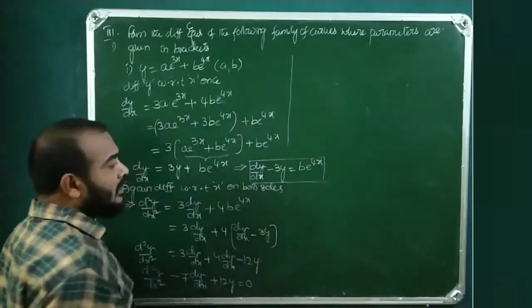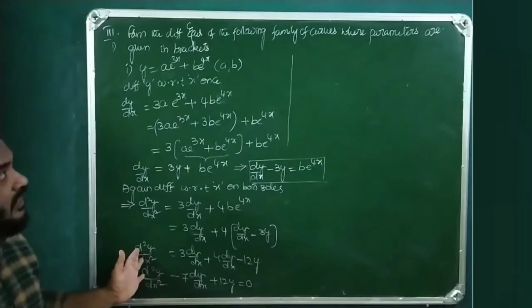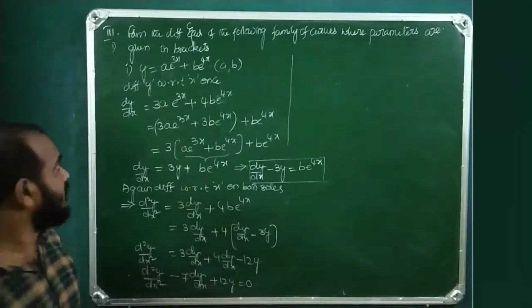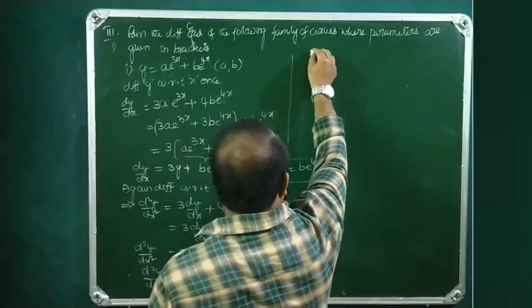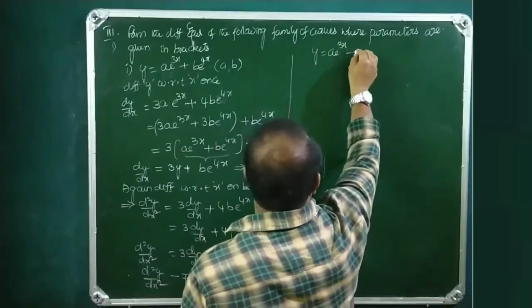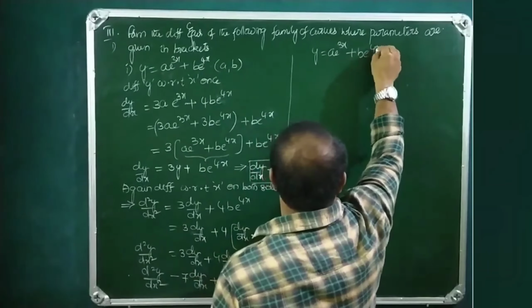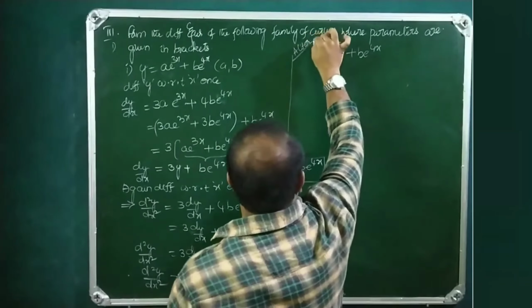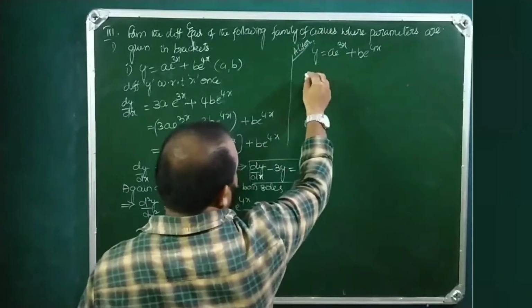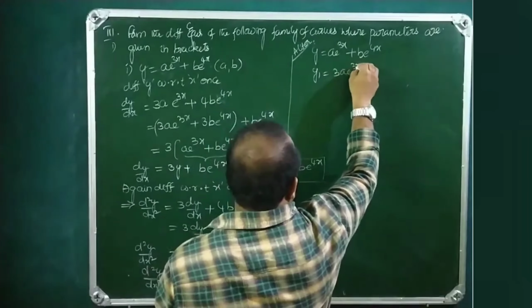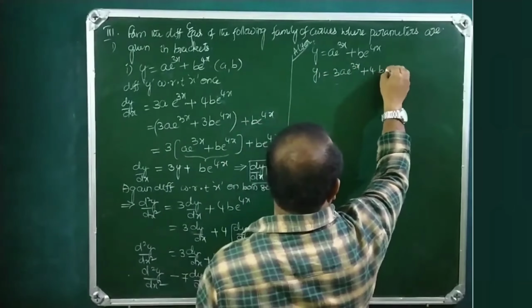But this is a little bit tedious process, right? So let us find an alternative for this process. As usual, y equals a e^(3x) plus b e^(4x). Aliter. Differentiating once, y1 equals 3a e^(3x) plus 4b e^(4x).